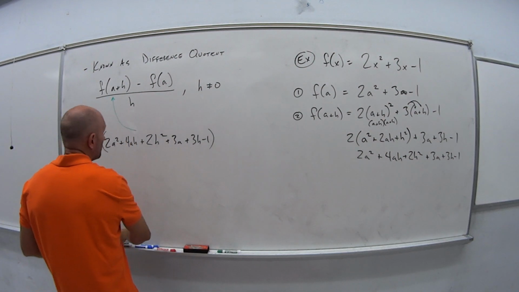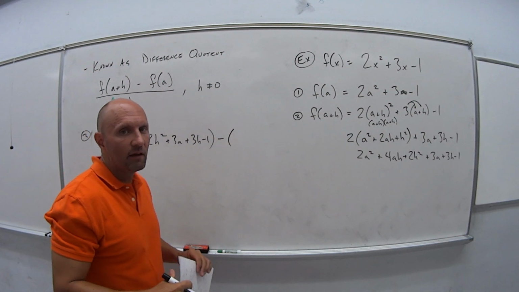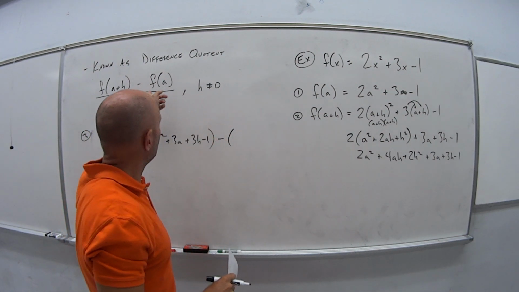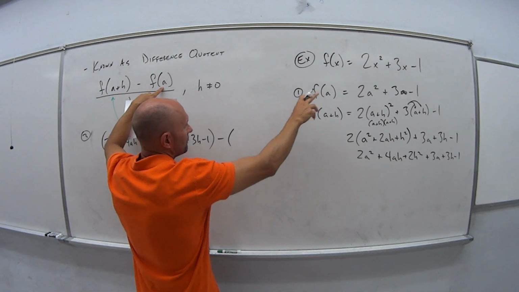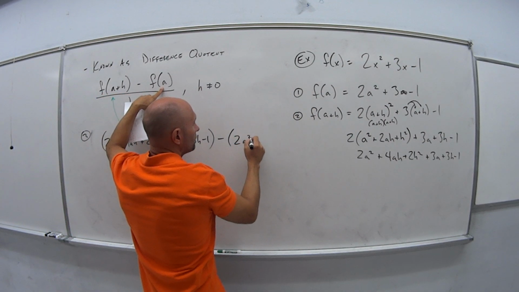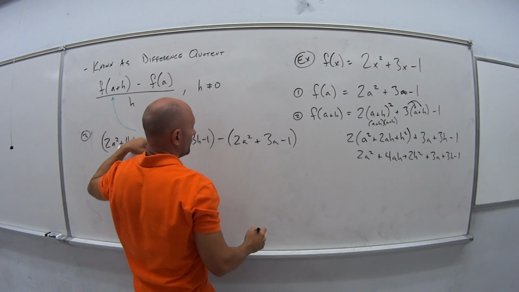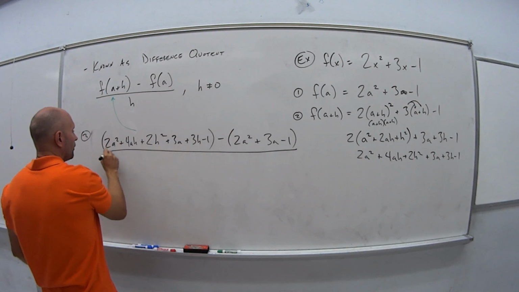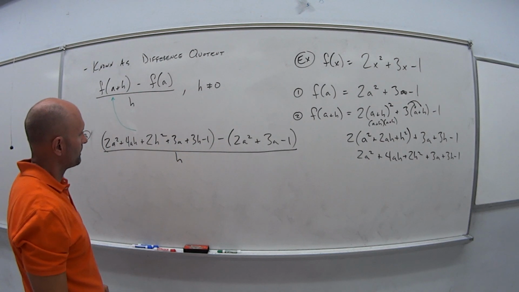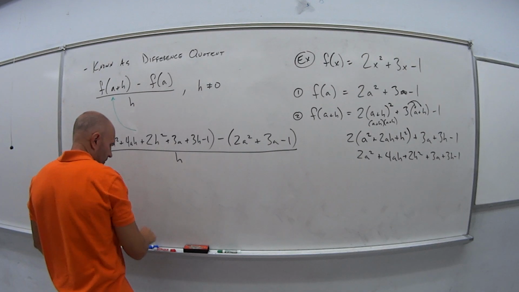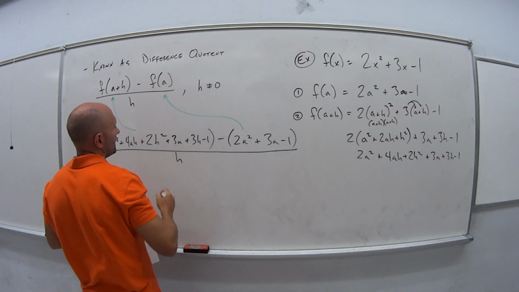Then we have minus, and you can see I'm using parentheses because I have to be careful with this minus sign that I distribute to every piece. So what is my f of a? It's 2a squared plus 3a minus 1. And this is all over h.